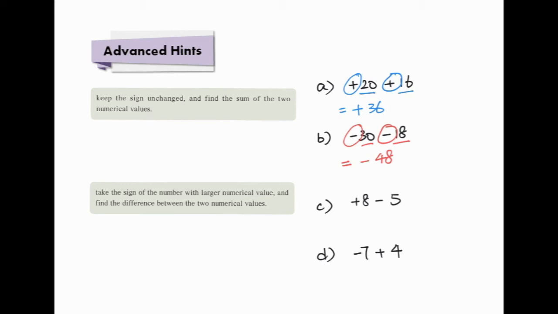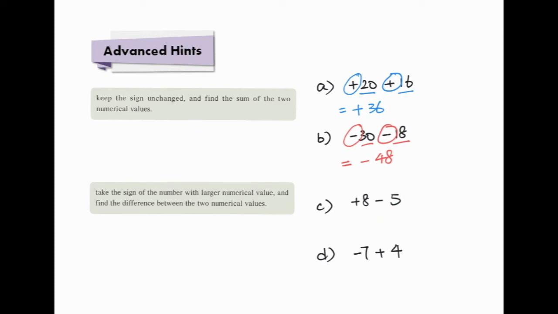In parts C and D, the 2 numbers in each question have different signs, one positive and one negative. We have to compare the numerical values of the 2 numbers first. Part C. +8 and -5. 8 is larger than 5.